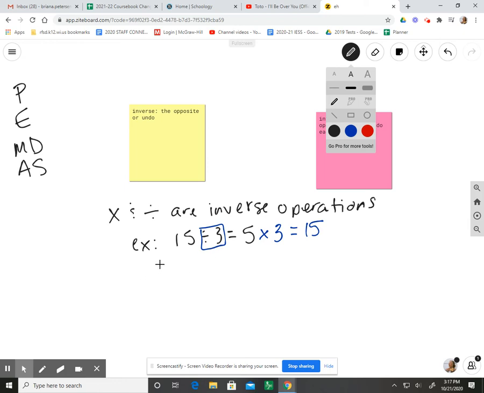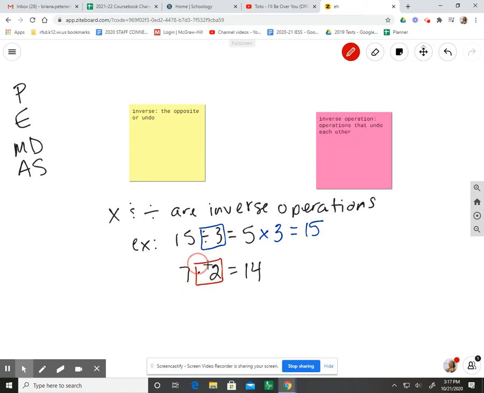What if I had 7 times 2? I'd get 14. But what if I wanted to undo my multiplication of 2? Then I would divide by 2 and get back to my 7. So we use the same number with the other operation, and we undo things. Yes, multiplication and division are inverse operations.